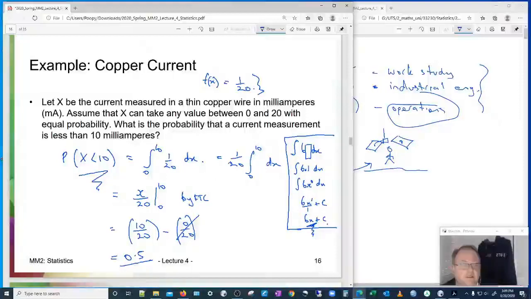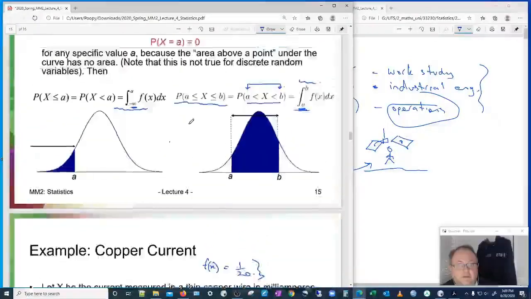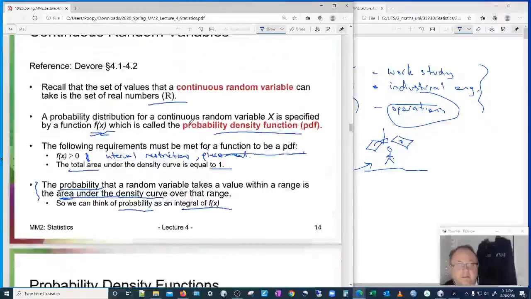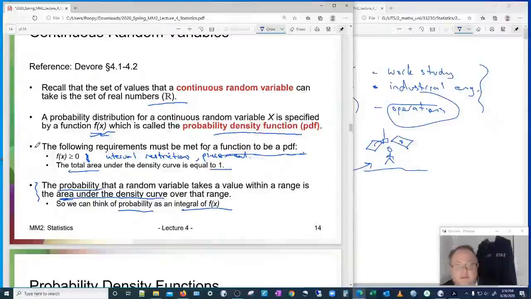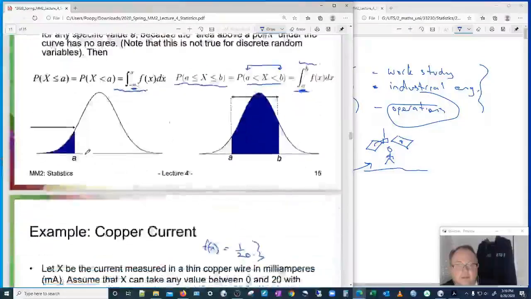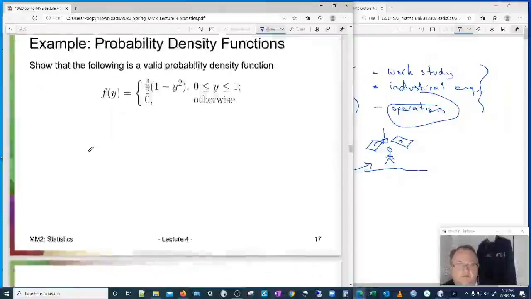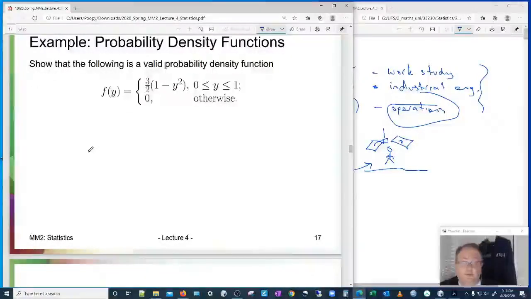So I haven't dropped any hints yet, so don't be alarmed, we're just walking through this. Let's think about the qualifications to be a density function, and that was here, so it had to meet these criteria here. How do we put that into practice? So here's a piecewise function. It has 2 parts to it.